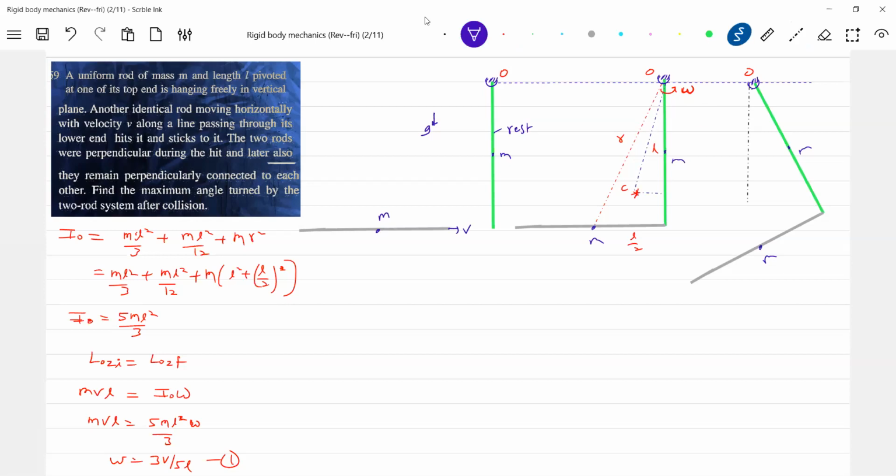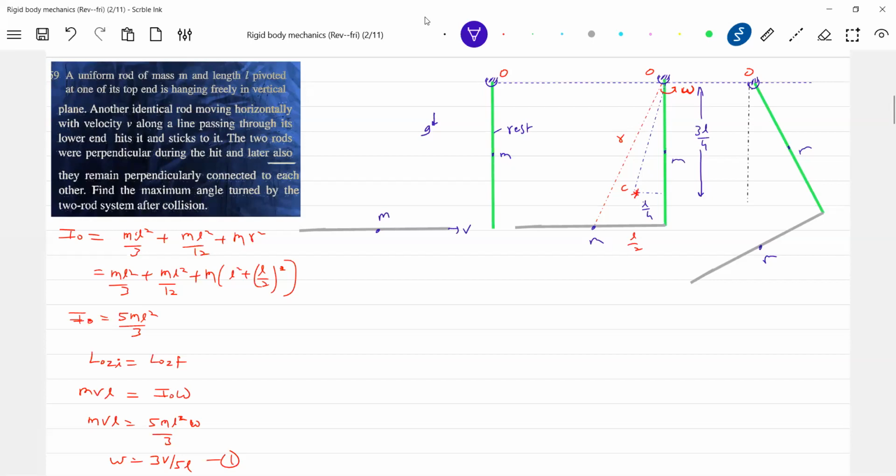What is this length? And what is this length? It will be L/4. Okay, so the distance OC, we'll remove this L, it will confuse us a lot.